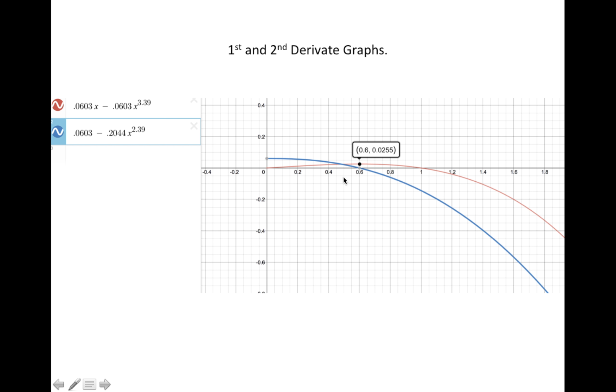And then so it is increasing from x equals 0 to x equals 0.6 and decreasing from x equals 0.6 to x equals positive infinity. And then the second derivative graph produced a concave down at x equals 0.6, which verifies the fact that that is the good old max right there.